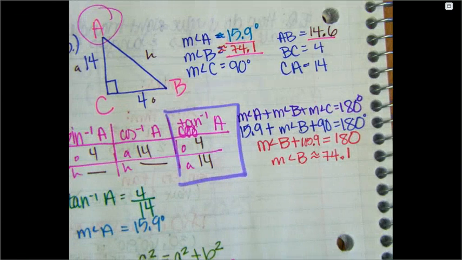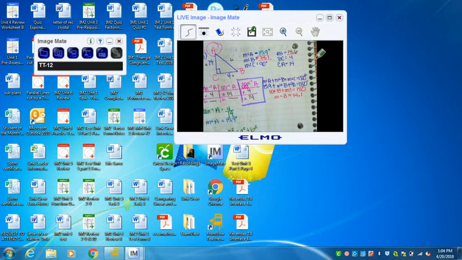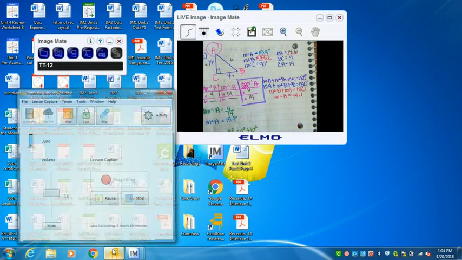You weren't supposed to have a negative before. It's always 180 minus the other angles.